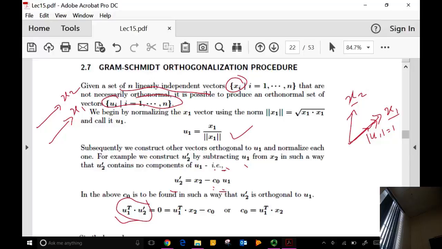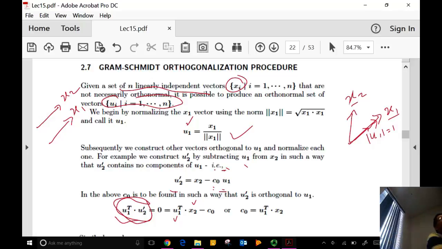So when I do this, I'm going to get a number that won't be 0. U1 transpose times x2, and x2 is given, minus C0 times U1 transpose U1. What is that? Just 1, because it is a unit vector, right? So I know this, I have just calculated this from here, and this is given, okay? And so I can calculate what C0 is by requiring that this should be equal to 0.